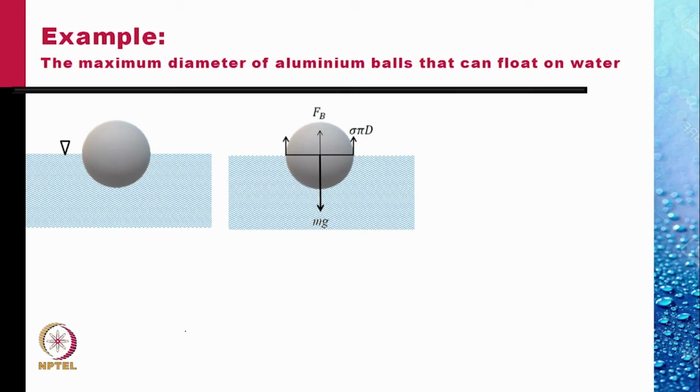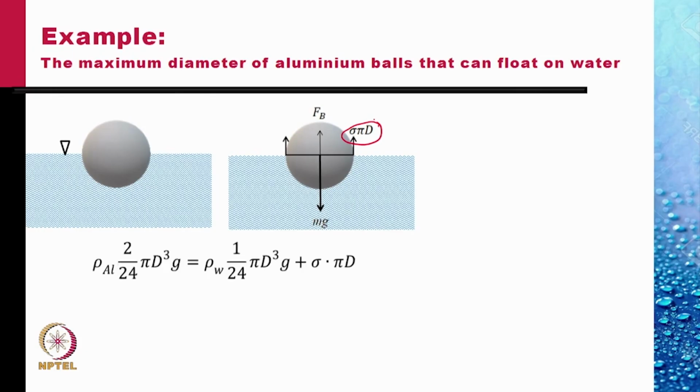And the third force is the surface tension force, which acts over a length pi d. So that the force is sigma pi d. If we put all the forces together, we get the weight should be equal to the buoyancy force upward plus the surface tension force upward. Unlike in the case of the bubble, there is only one interface here.